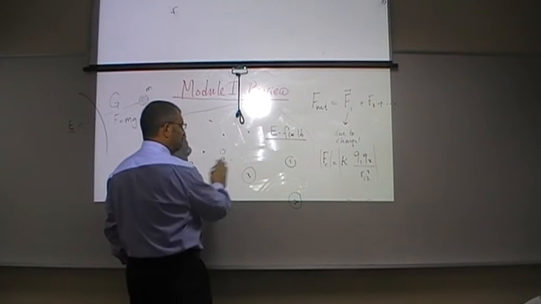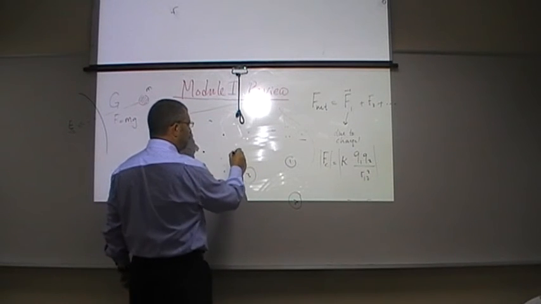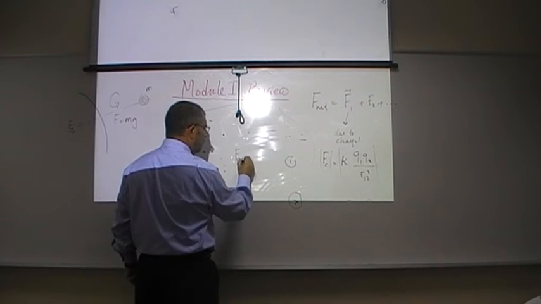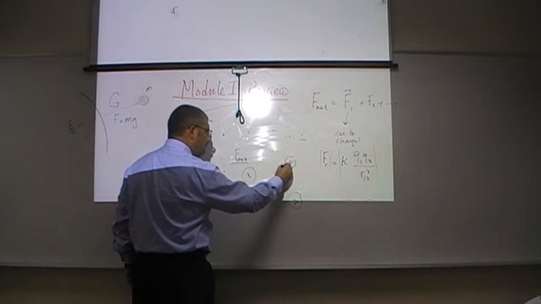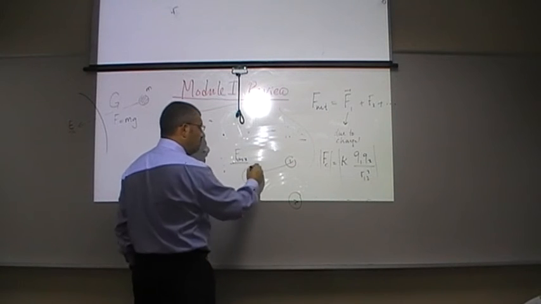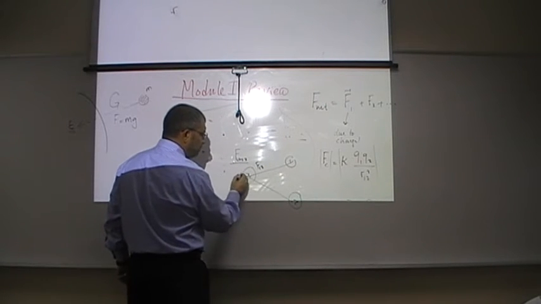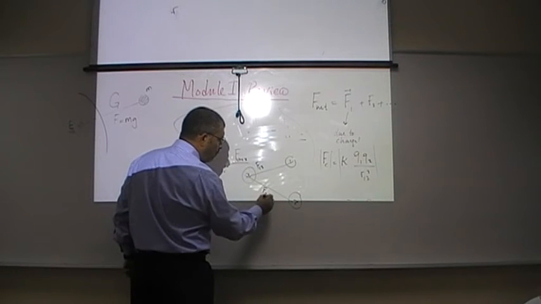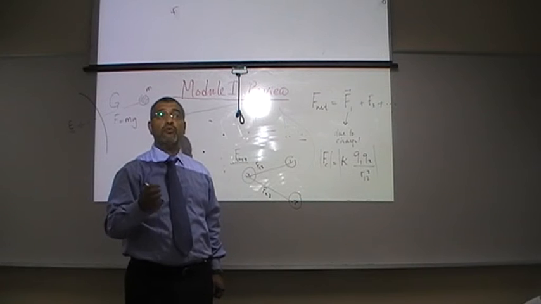If I wanted to calculate the net force on 3, then I have to calculate this force, which is F1 on 3, and then I have to calculate this force, which is F2 on 3, and then I add them vectorially.